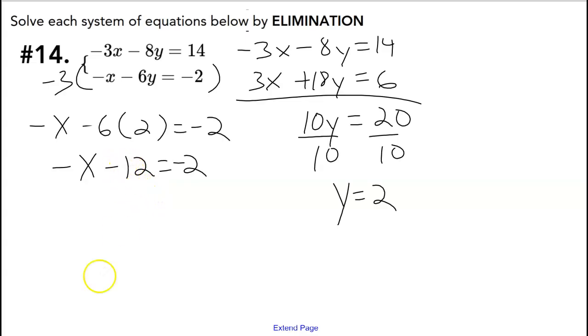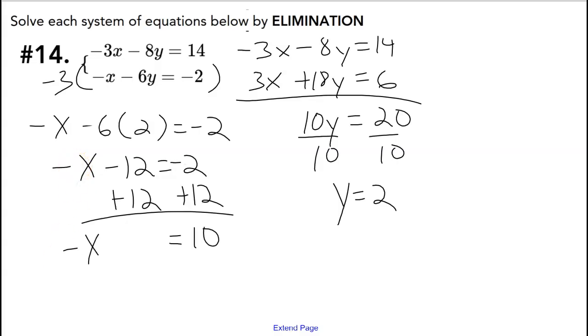We're going to do the opposite of minus 12 and add 12 on both sides. I bring down the negative 2. Same sign, add; different signs, find the difference. 12 minus 2 is 10. The 12's cancel out. Now I've got negative x is equal to 10. Can't stop here. You've got negative 1x, and you have to divide by negative 1 here.